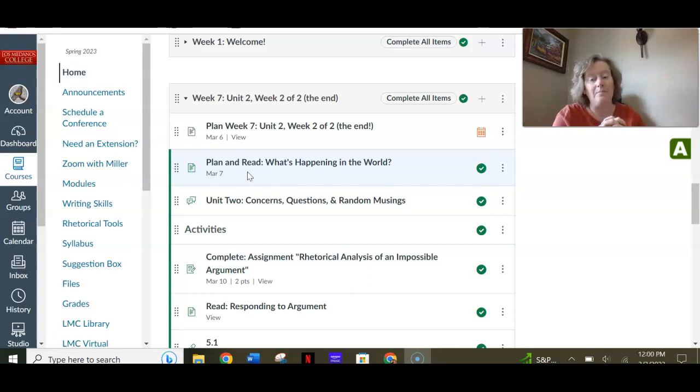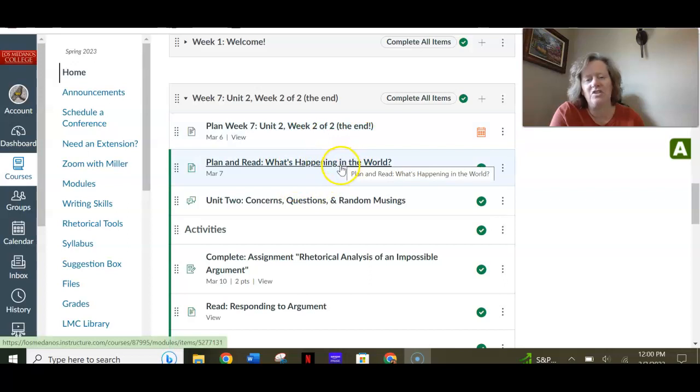And so I want you to make sure that you read that page and then this week start being aware of what you're noticing in the news, what's making headlines, what's interesting to you. Next week, you're going to have an opportunity to choose a topic to research for the Unit 3 writing assignment. So just start being aware of what's happening in the world and what is resonating for you. Again, more details next week, of course, but make sure you're reading what's on the page here, just to start thinking about it and get a jump on that work.